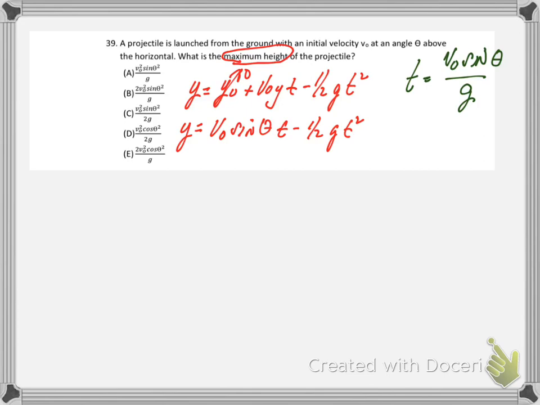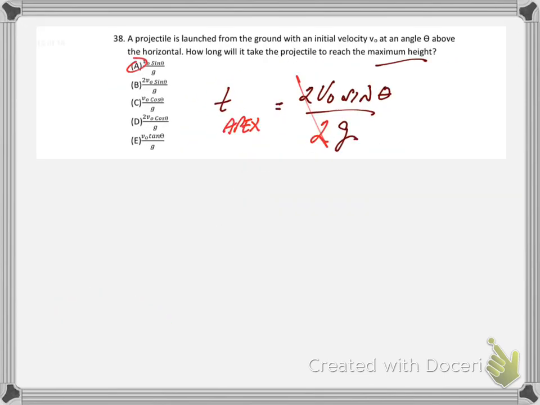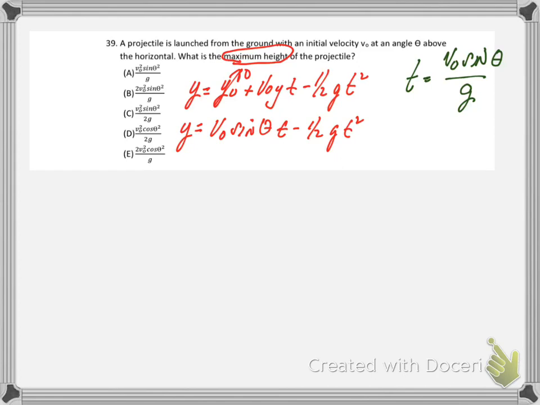All right, so we can plug that in for t. So y equals v naught sine theta times the time, which is v naught sine theta over g.